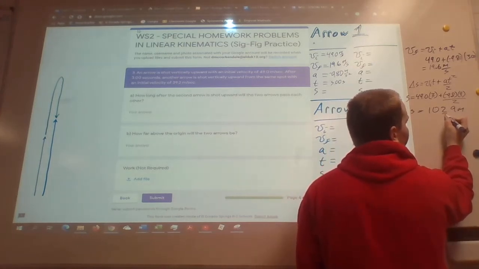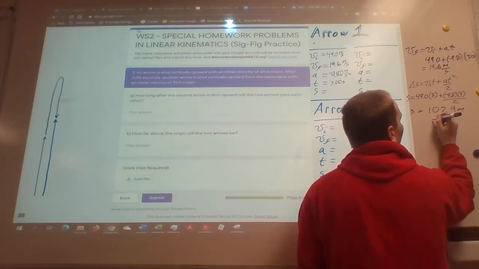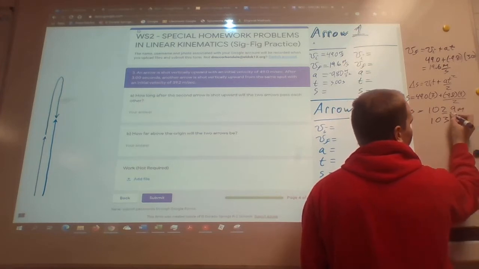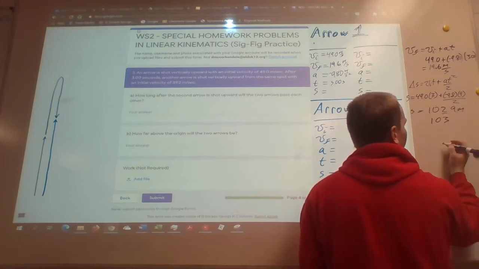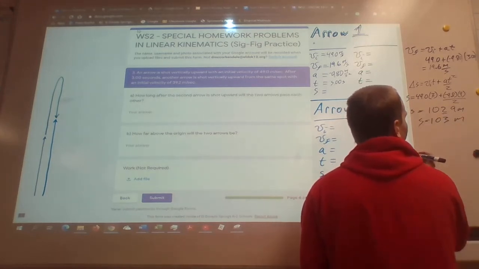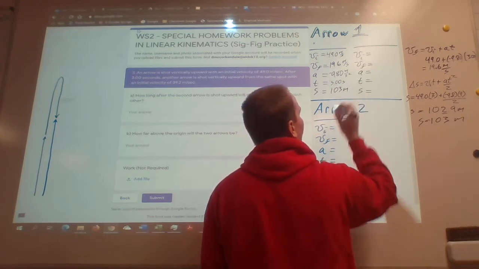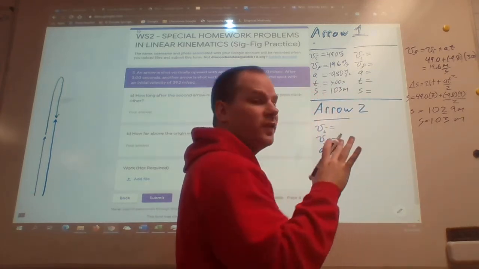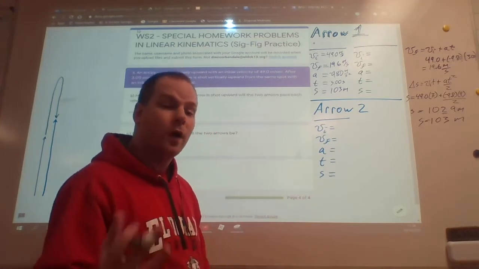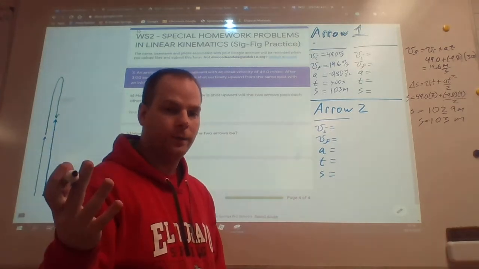This is going to be our last sig-fig. 9 is going to make this turn into a 3, so 103. And then this will become a 0. Since it's after the decimal point, we just drop it. So 103 meters is going to be our S. So our first arrow is 103 meters above the ground when arrow 2 is fired.